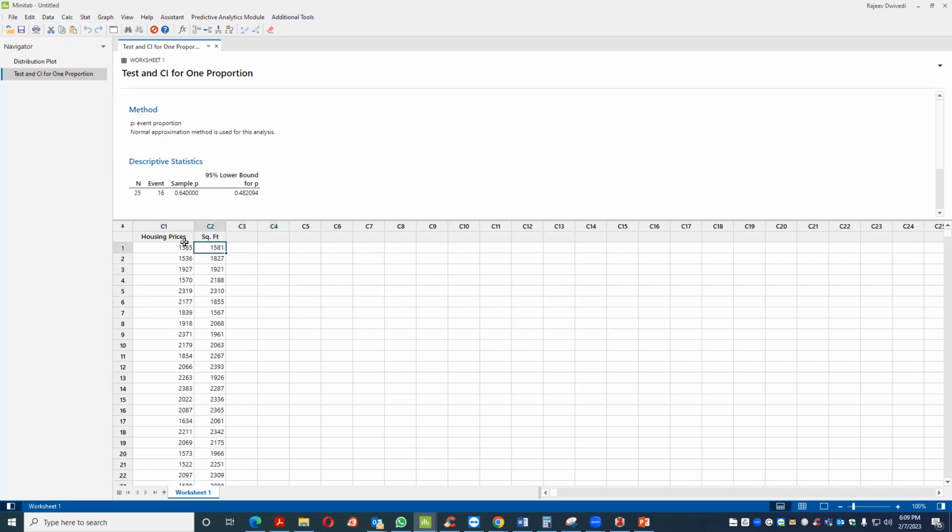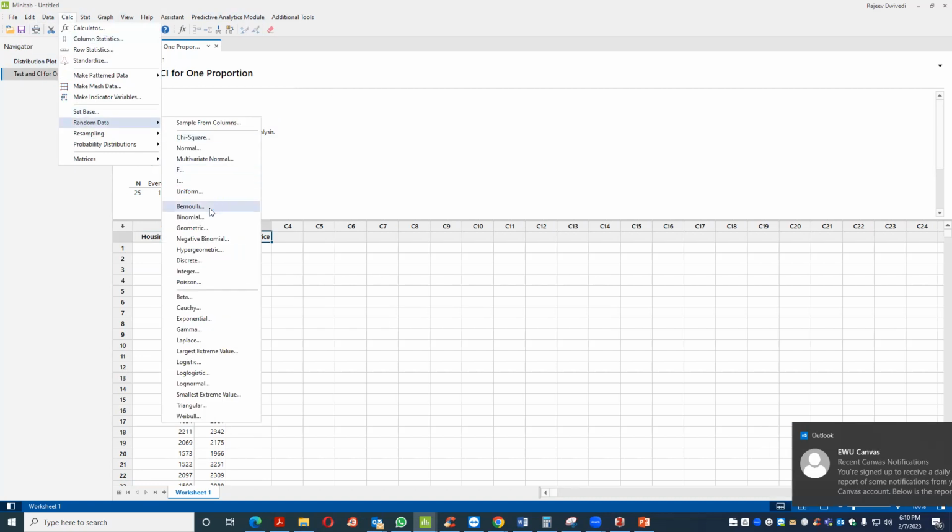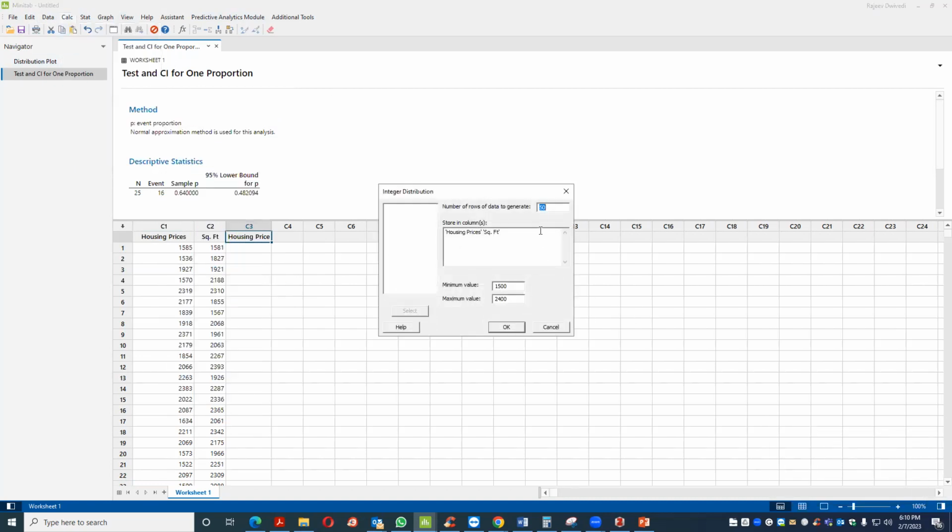I'm creating a new one. Calculate, random data, integer.